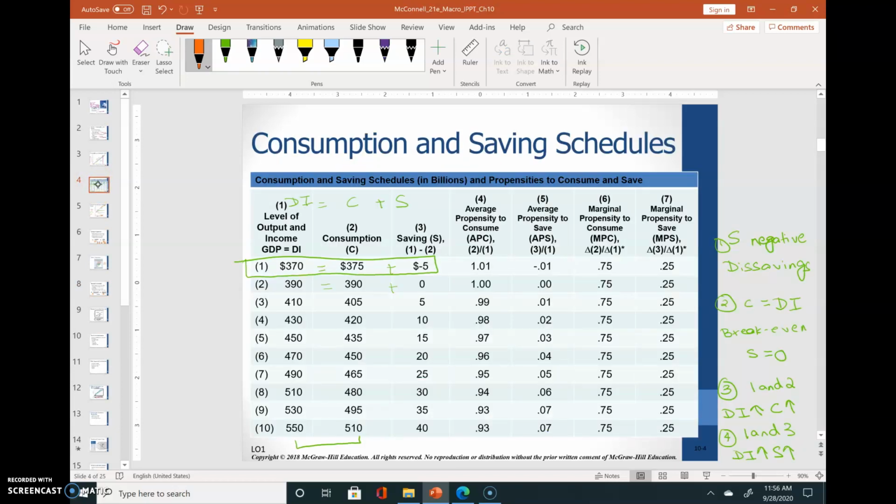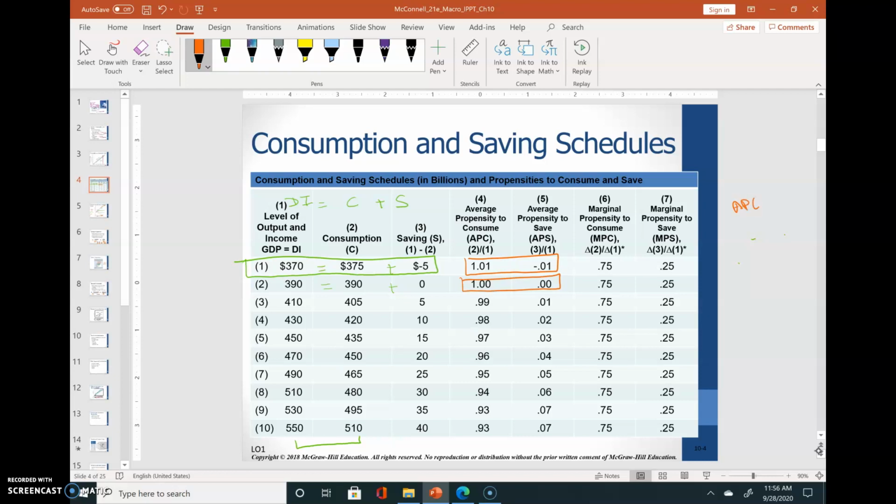Alright, going back to these numbers here. First, I'm going to focus on all the APC and APS numbers from row 1 all the way to row 10. I'm going to add these APC and APS numbers. I will see no matter for what level of income I'm adding these numbers, the values will always be equal to 1.